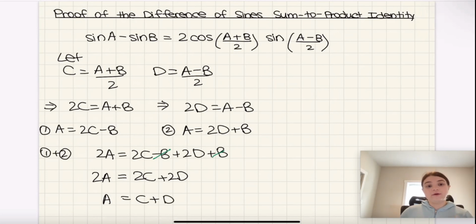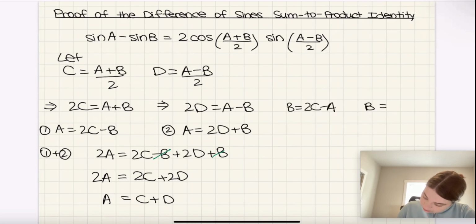And similarly, if we were to solve for B in both equations, going back to this step here, we get that B is equal to 2C minus A. Or sorry, no, that's not quite right. Yeah, so we're looking at this one here.